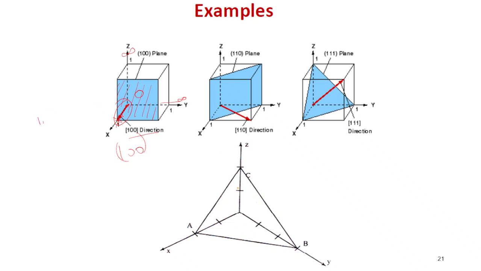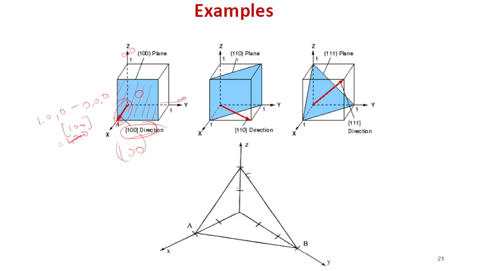Here it is 1, and there are no other coordinates in the y and z directions. So it's 1, 0, 0 minus 0, 0, 0. So if we subtract these two, our answer will be the 1, 0, 0 direction, enclosed in square brackets. That's how we get this particular direction.